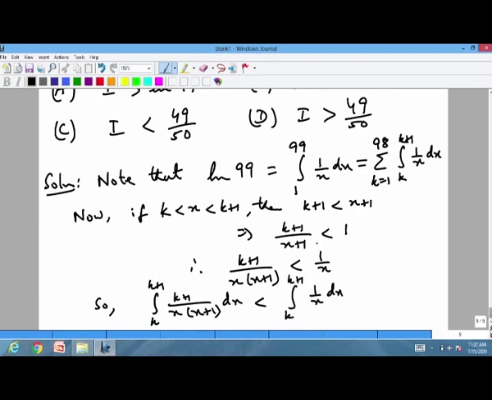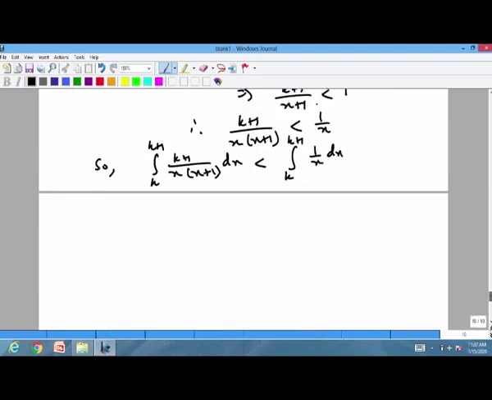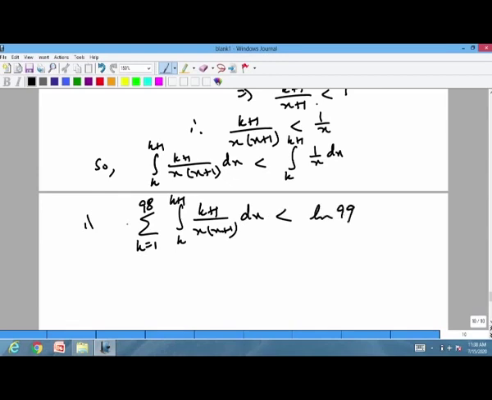So, this shows that the summation of k equal to 1 to 98 of the integral from k to k plus 1 is less than log 99, and this was equal to I. So, therefore, A is false and B is true.